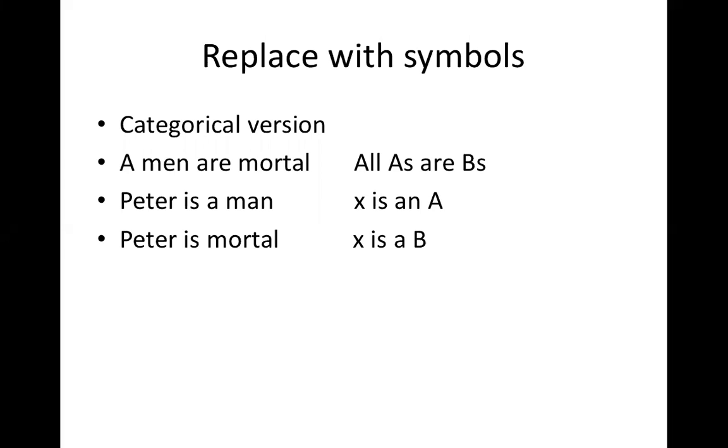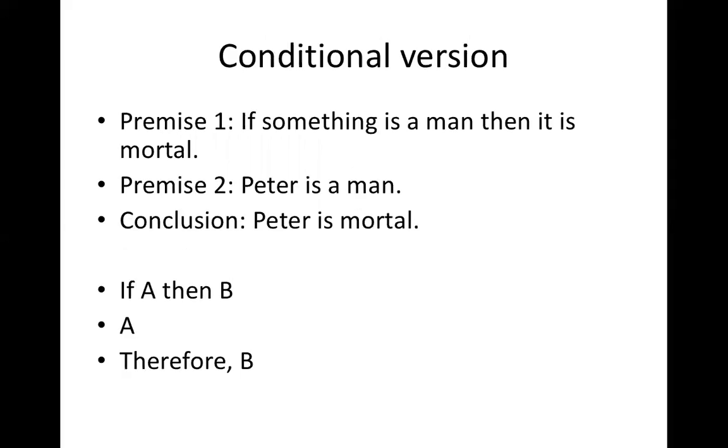So to represent the argument in symbolic form, you say all men are mortal, all A's are B's. Peter is a man, X is an A. Peter is mortal, X is a B. So all A's are B's, X is an A, X is a B. For the conditional version, if something is a man, then it is mortal.